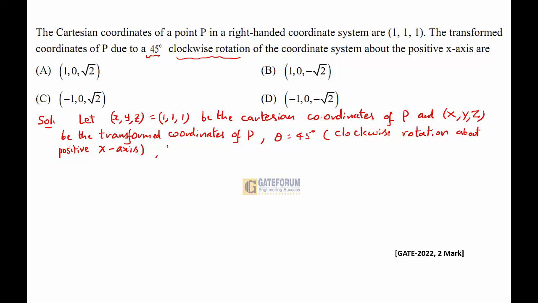Okay. Then the relationship between Cartesian coordinates and transformed coordinates, the new coordinates, is given by the table in matrix form.